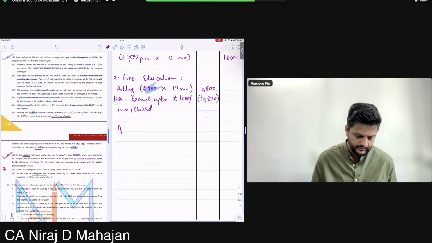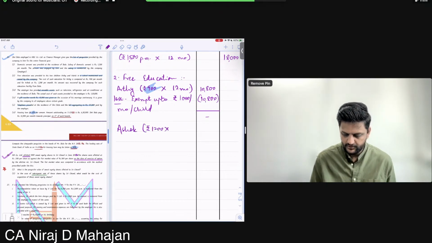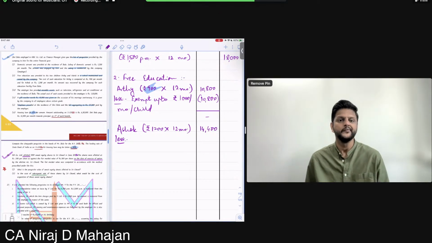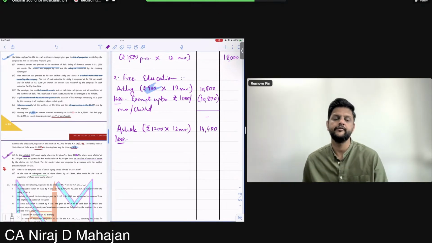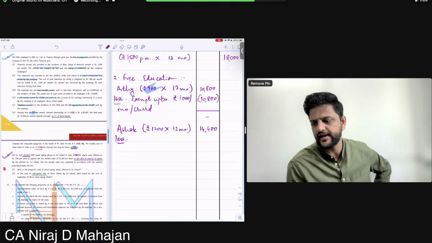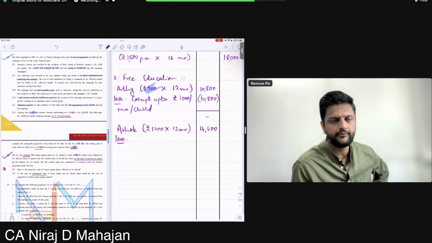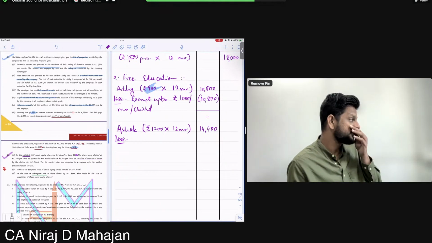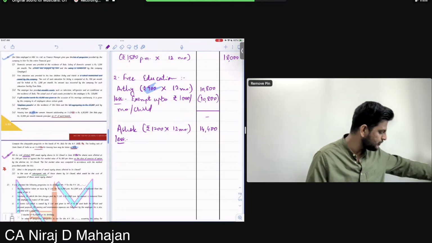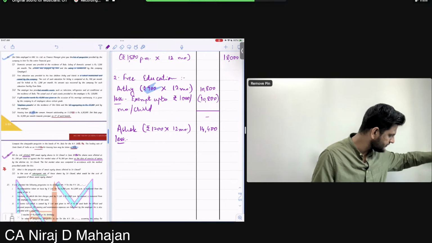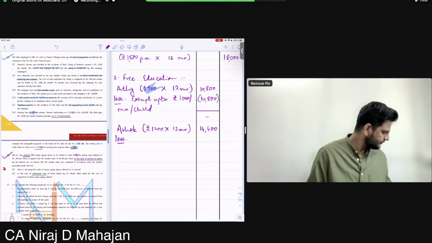What about Ashok? This is rupees 1,200 into 12 months, 14,400. Again, I'm repeating, you may see different answers in study material also, or even in suggested answer. They may say it is crossing 1,000, so fully taxable. That can be one of the answers. Another answer says up to 1,000, so we'll take exemption up to 1,000.